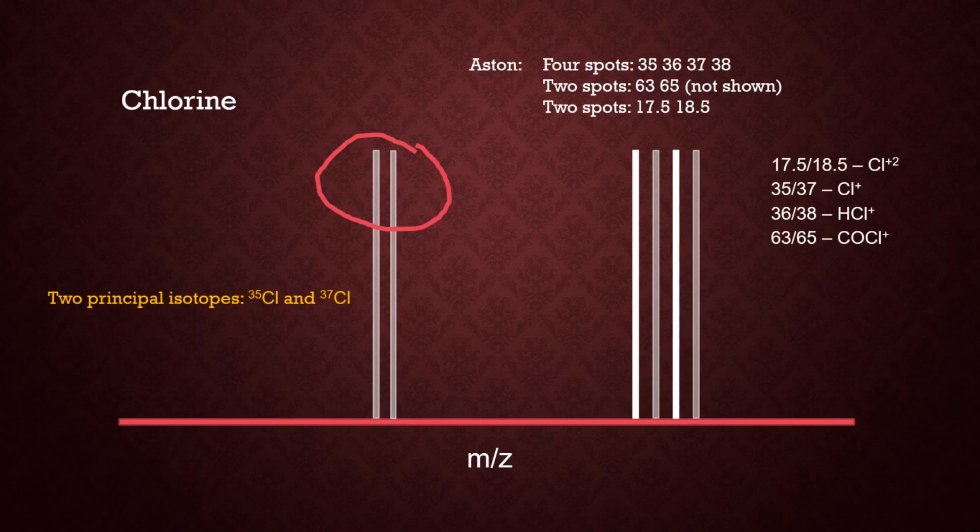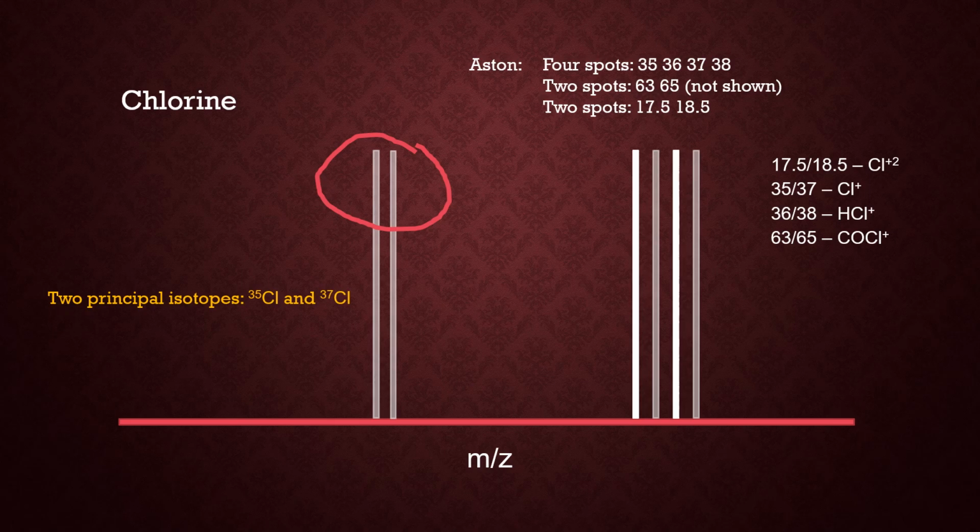So he argues in the interpretation of the mass spectrum that the isotopes of 35 and 37 would be the +1 charge, and the +2 charge version of those same isotopes, same weights, would be the 17.5 and the 18.5.